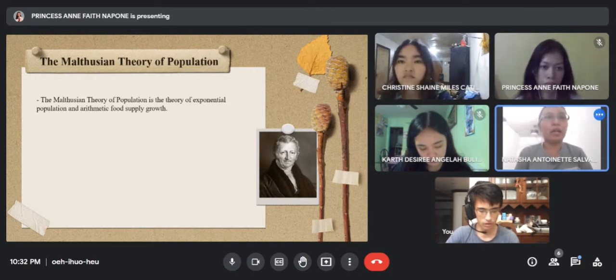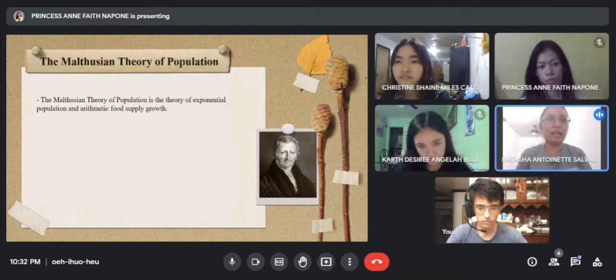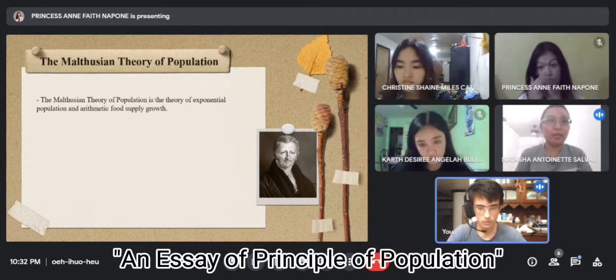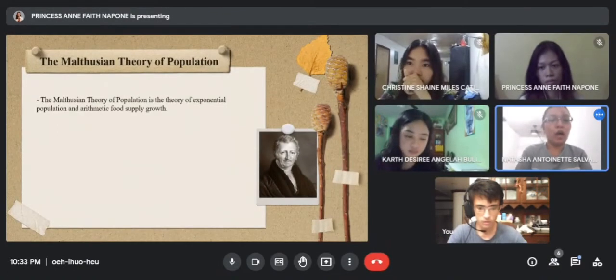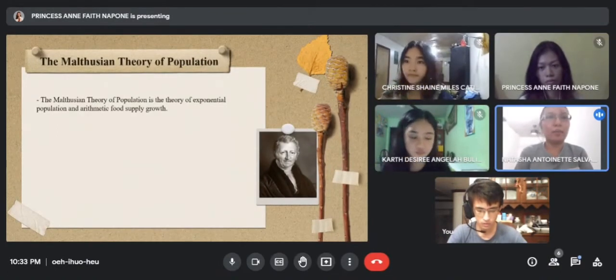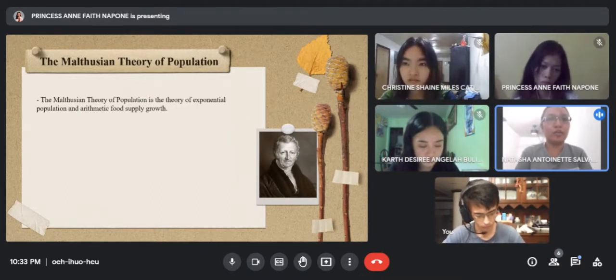Before that, an English cleric and scholar named Thomas Robert Malthus published the theory in his 1798 writing entitled An Essay on the Principle of Population. Furthermore, he theorized the population increased in geometric progression, while food production increases in arithmetic progression.